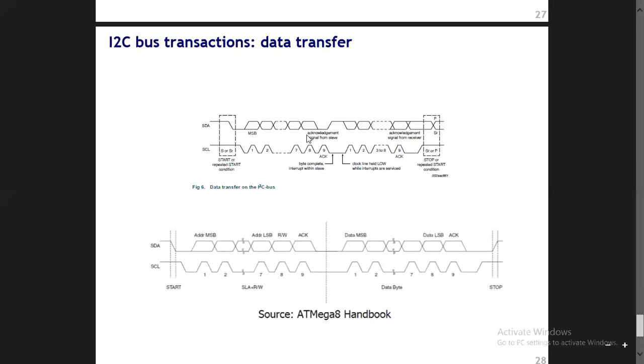Again, as we just studied, the sequence of data transmission in I2C is that first you transmit the address of the slave with which you want to communicate.